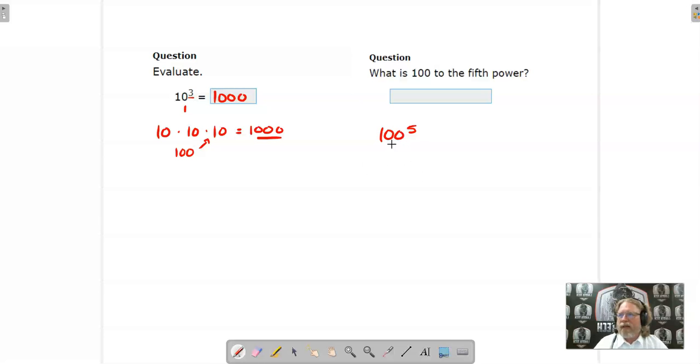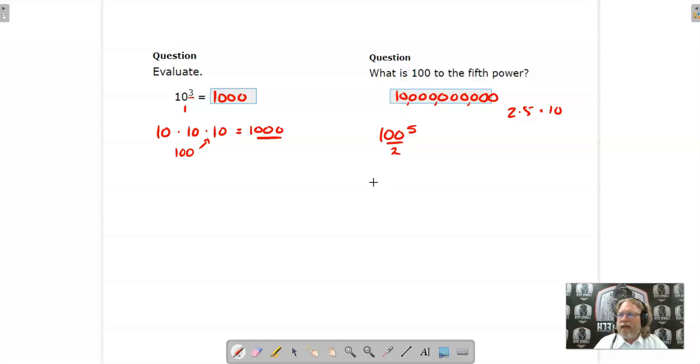Well, let me see. If I take the shortcut, there are 2 zeros, right? And 2 times 5 equals 10. So could it possibly be a 1 with 10 zeros? 1, 2, 3, 4, 5, 6, 7, 8, 9, 10. And I'm going to have to test myself on place value here. Let's see, thousands, millions, is that billions? Is that 10 billion, I believe, right?